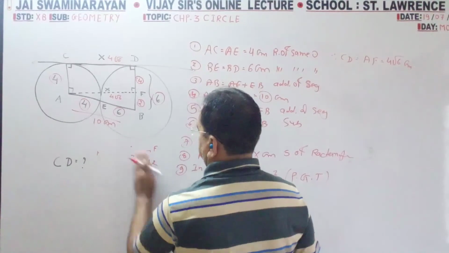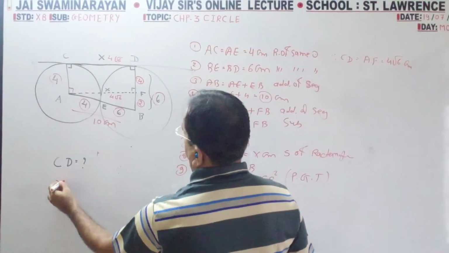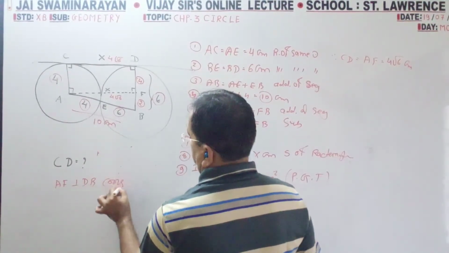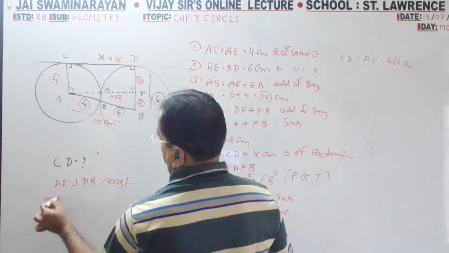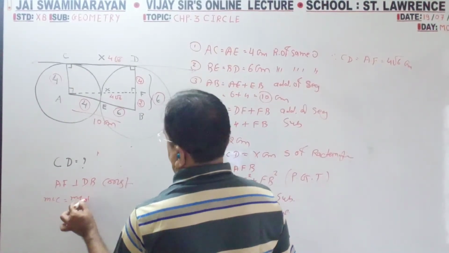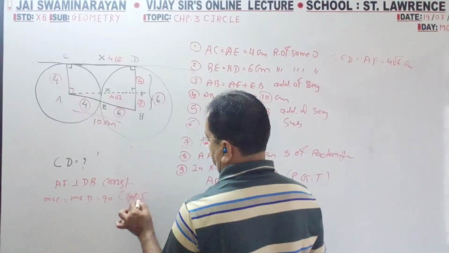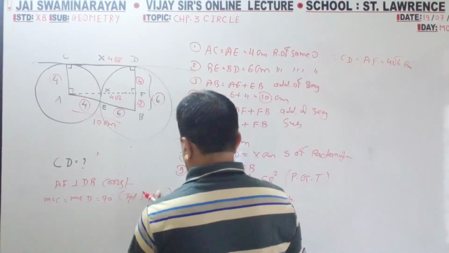Okay, and before that we will write AF perpendicular to DB, construction. Measure of angle C is equal to measure of angle D is equal to 90, tangent segment perpendicular theorem.